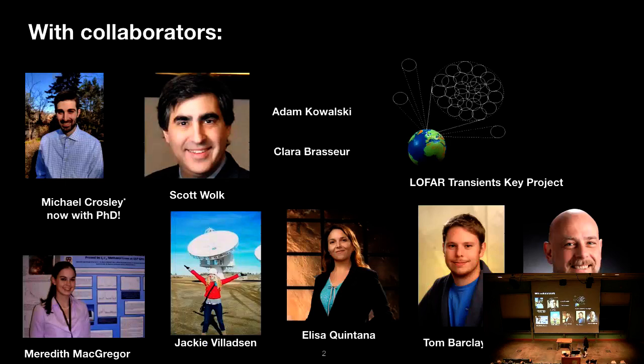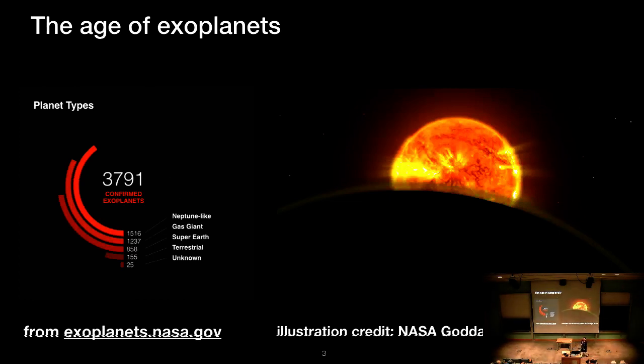So just very briefly, I'll show some of my current or recent collaborators. I'll be showing some work from my now former PhD student, Michael Crossley, and some current and new collaborators as well.